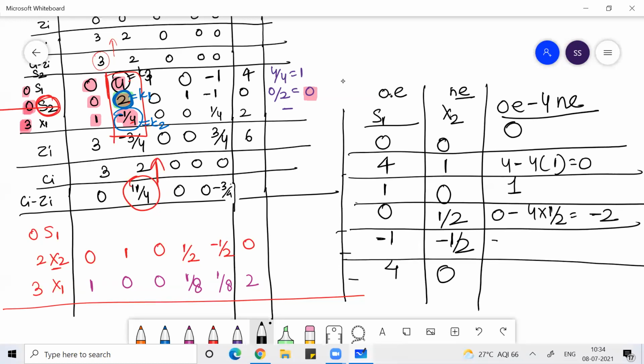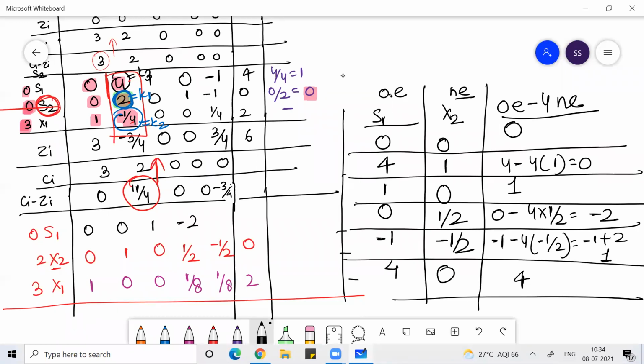Then this is minus 1 minus 4 into minus 1 by 2. This is minus 1 plus 4 by 2 means 2. This is 4 1. You can write down its value: 0, 0, 1, then minus 2, 1, and then 4.